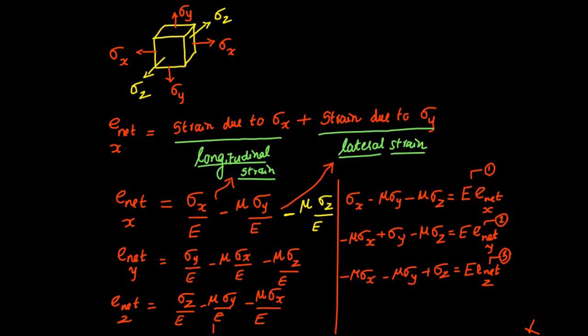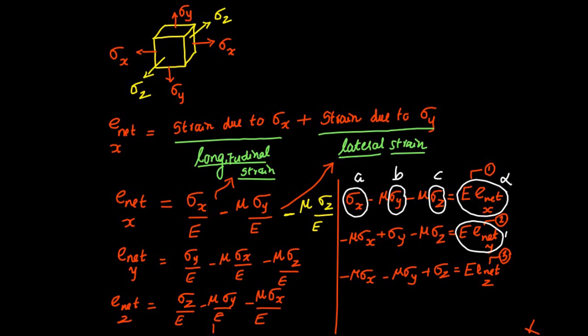So instead of calling that sigma x, sigma y, sigma z, I will call sigma x as A. I'll call sigma y as B. I'll call sigma z as C. And I'll call this entire term as alpha. I'll call this term as beta. I'll call this term as gamma.